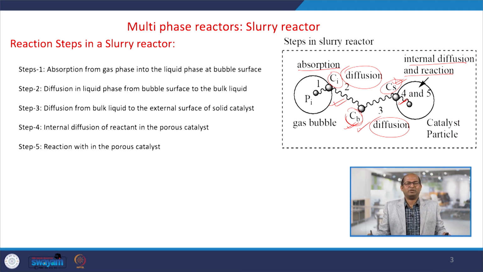So, if we are able to control them, then we can improve or change the performance of this particular slurry reactor. How can we change that? There are many ways. We can change the catalyst particle size: if at the beginning we took a particular shape or size of particles and change it to a smaller particle, we can control or eliminate the internal diffusion part.